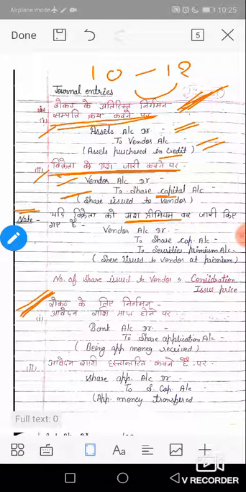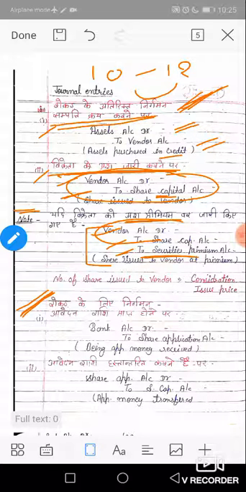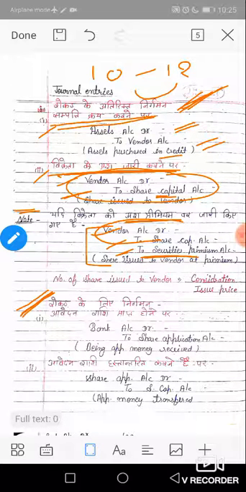In this case, when shares are issued at a premium, the alternate second entry is Vendor Account Dr. To Share Capital, To Security Premium. The entry is the same, but a new term, security premium, has been added, because premium is a capital nature income and the balance of income is always credit.